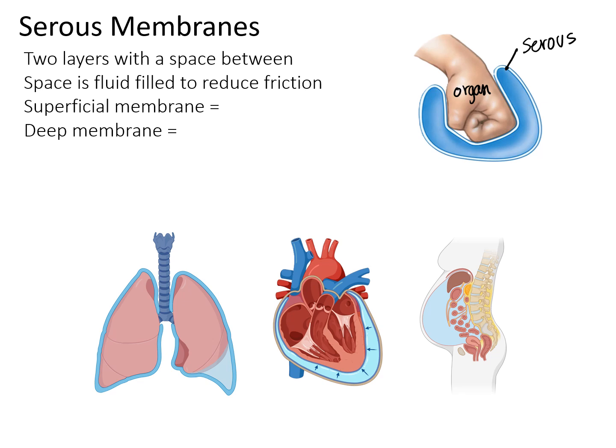The most superficial membrane is called the parietal membrane. The deep membrane is called the visceral membrane. And the visceral membrane hugs the organ like a stocking, whereas the parietal membrane is kind of like a raincoat shell on the outside.